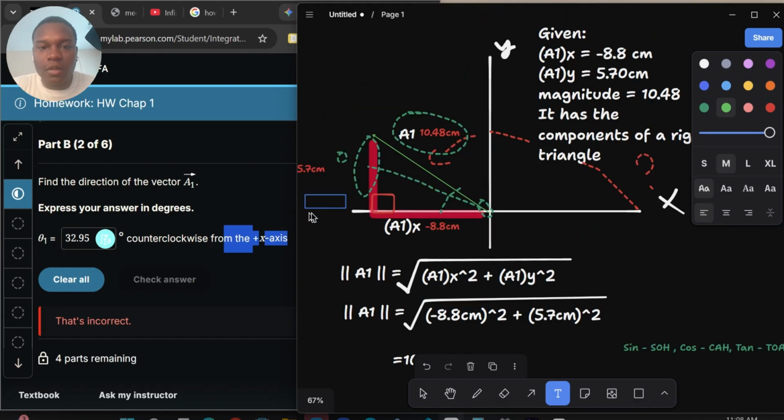And this is 180 degrees, right? I remember we talked about it earlier. So this angle from the positive x-axis is 180 minus this angle here.